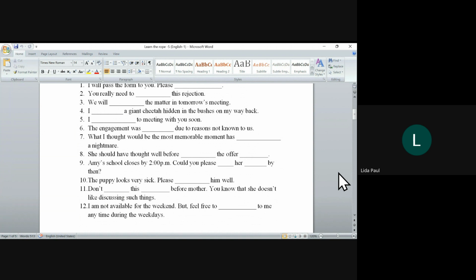Next one, eighth one: She should have thought well before dash the offer dash. So you are left with bring up, pick up, reach out, turn down, and look after.